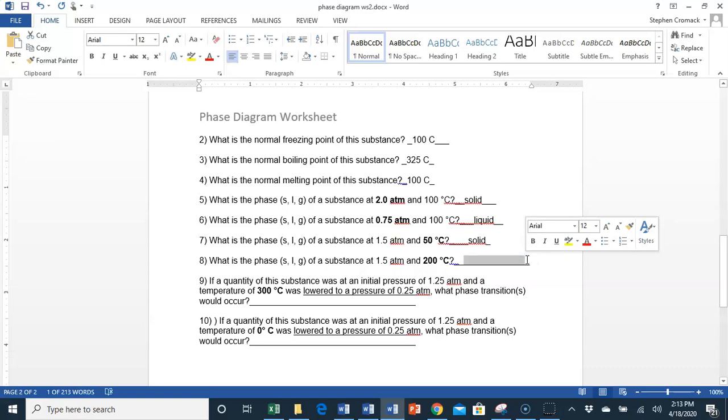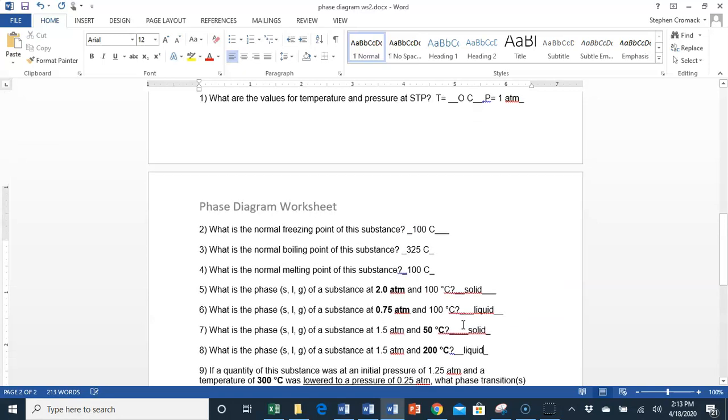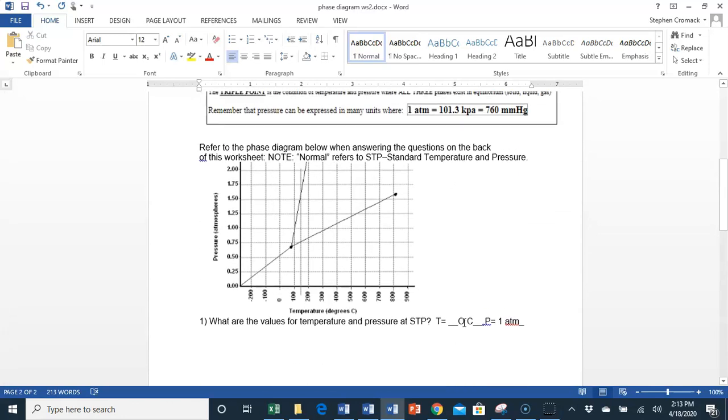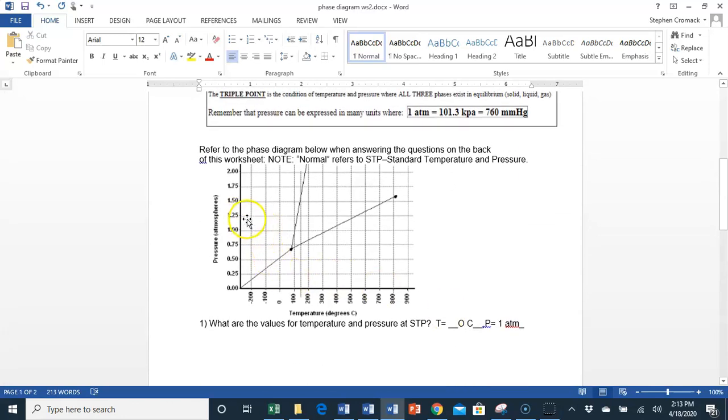Now we're going to do some more moving around. We want to know if the substance was at initial pressure of 1.25 atmospheres and a temperature of 300, and then we lower the pressure to 0.25 atmospheres, what phase transitions would occur. So 1.25 atmospheres, 300 Celsius, that puts us here.